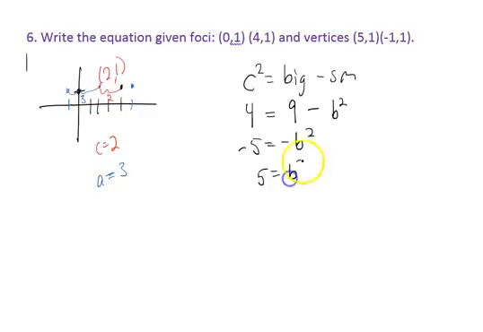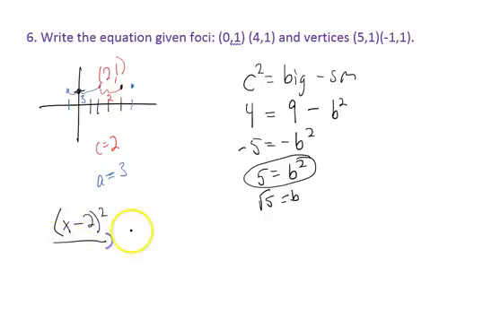So 5 equals B squared, and B would be the square root of 5. But in my formula, I really need B squared, so I need the 5. Now I can write my center, x minus 2 squared over something, y minus 1 squared over something equals 1. Then my a squared will go under x, so 9, and my b squared, which is 5, will go under y.